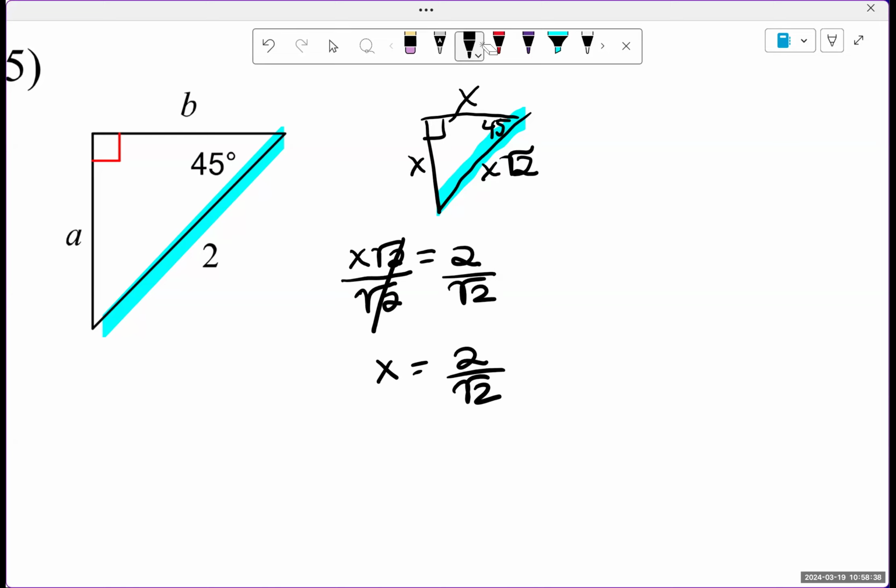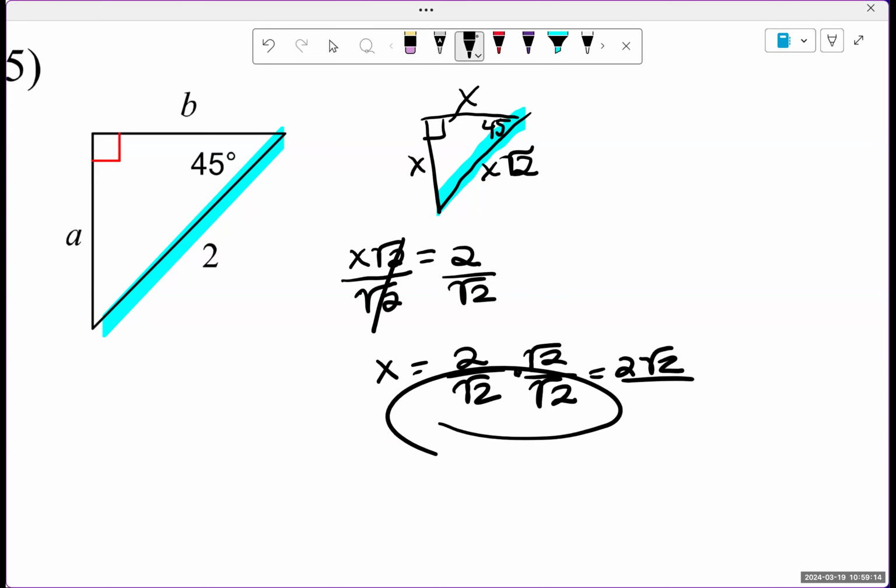But I know what to do if I ever get a radical in the basement, I'm multiplying by a form of 1. If you multiply by 1, you don't change the value. Okay, so what goes in the box? Whatever the denominator is, so rad 2 over rad 2, that's a form of 1. So I have 2 rad 2, and rad 2 times rad 2 is rad 4, which simplifies to 2.